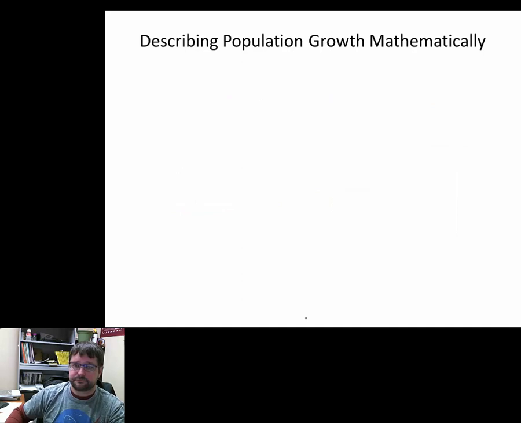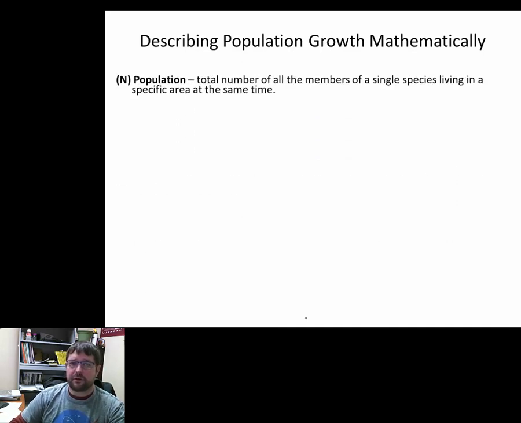All right. So let's start describing population growth mathematically. It's really simple. First of all, N, capital N, is the total number of the population. And the population is dictated by a single species living in the same area. In the case of humans, our N is 7.7 billion people.